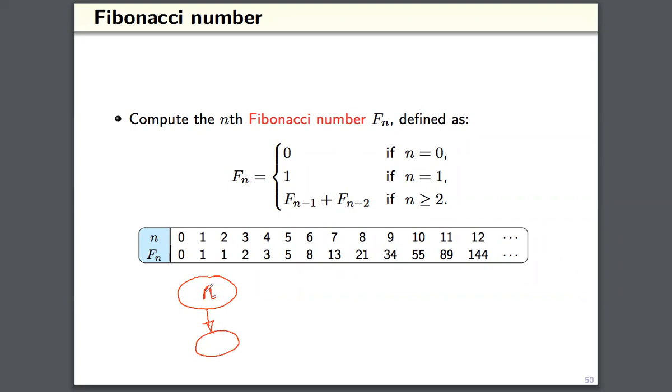If the original problem is of size n, the subproblem can be of size, say, n minus some constant, or n divided by a constant, and so on, right? But there will be only one subproblem. And again, this keeps getting reduced until the subproblem size is just one, or even a constant, then you will solve it. So this is decrease and conquer.